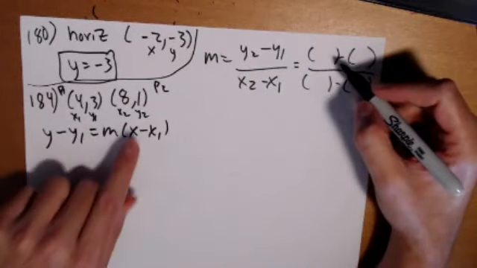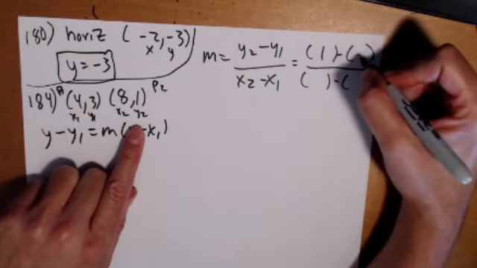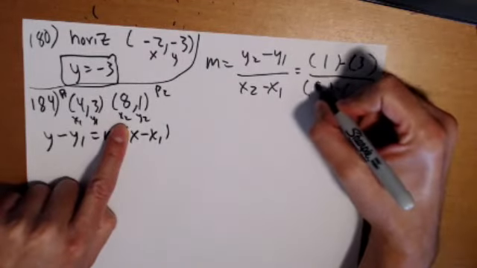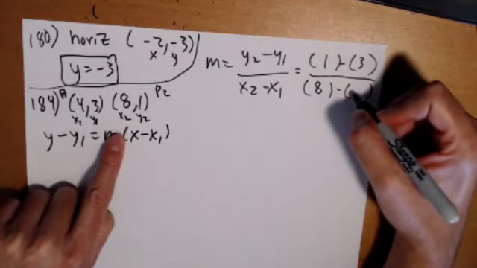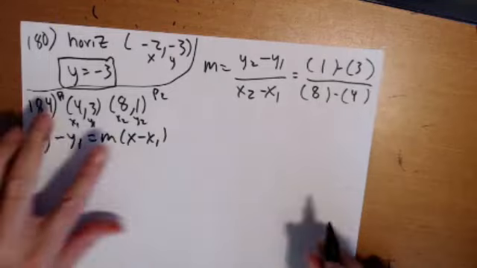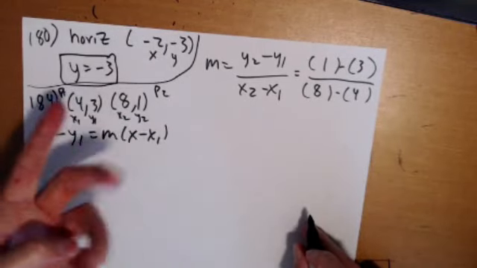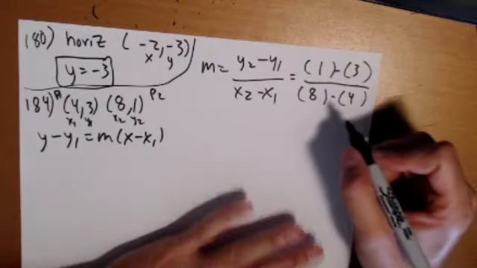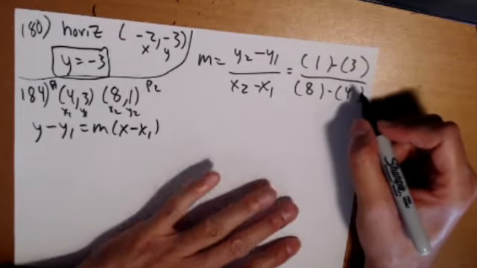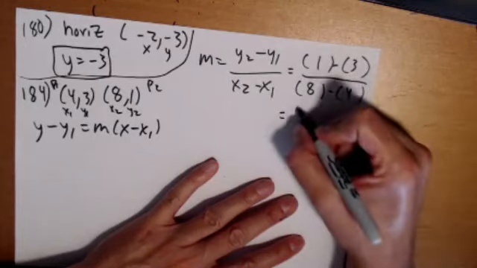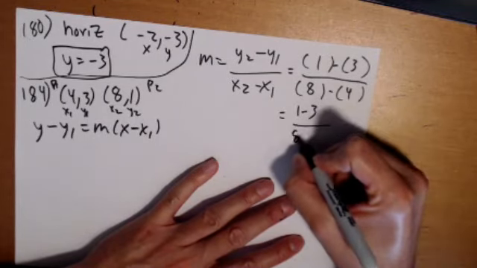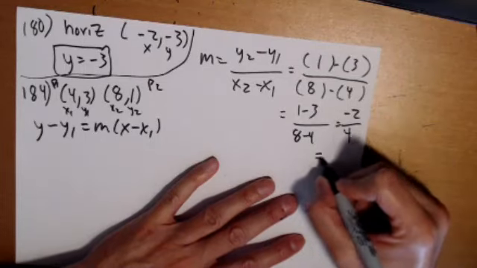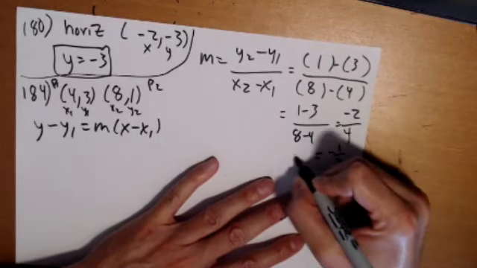That way I'm just plugging in y2, 1, minus y1, 3, over x2, 8, minus x1, 4. If you labeled it the other way around, you'll still get the same answer, as long as we're following the rules. So that's going to be 1 minus 3 over 8 minus 4, -2 over 4, which is -1/2.